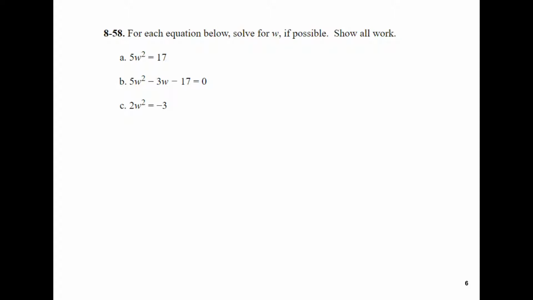8-58 says, for each equation below, solve for W if possible. Show your work. So looking at question A first, if we have 5W squared set equal to 17, I can get W by itself by dividing by 5. So we now have W squared is equal to 17 over 5.